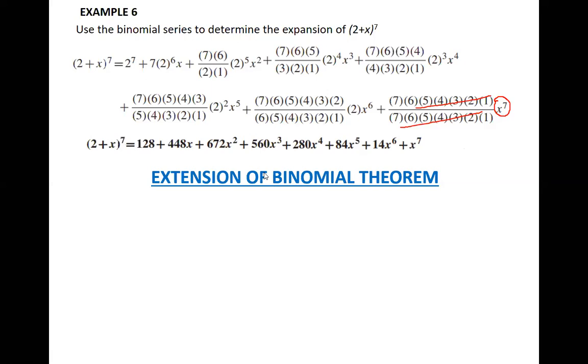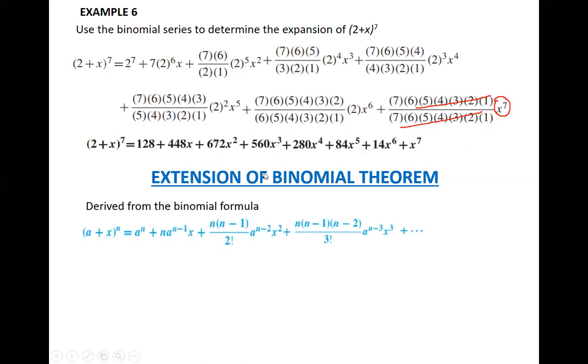All right, so we start the extension of the binomial theorem. The extension of the binomial theorem is this one here. It is derived from the binomial formula, and this is the formula here.